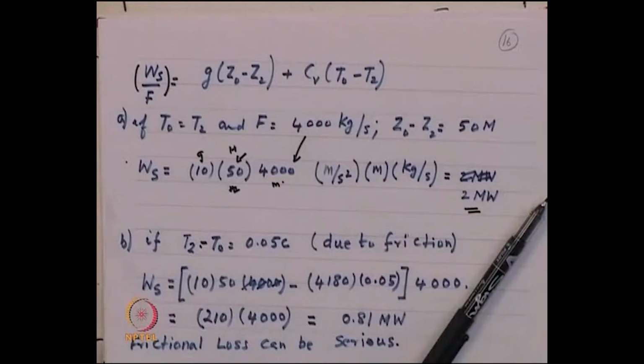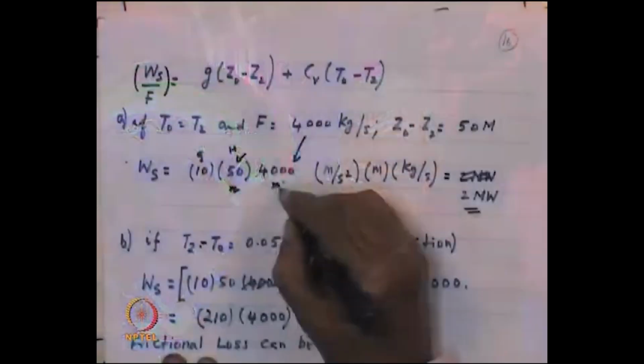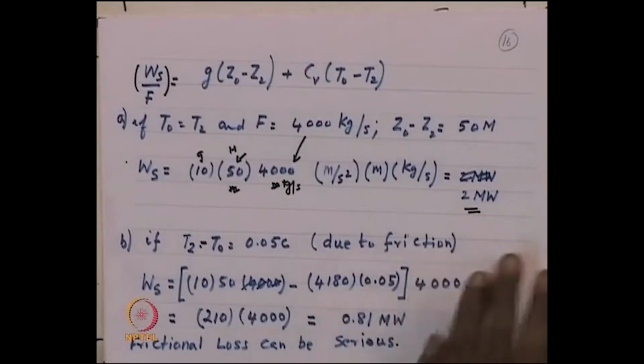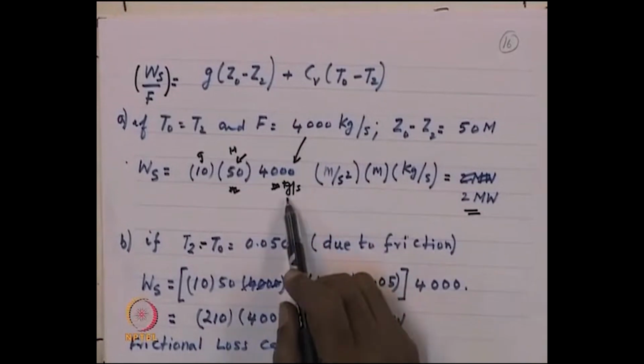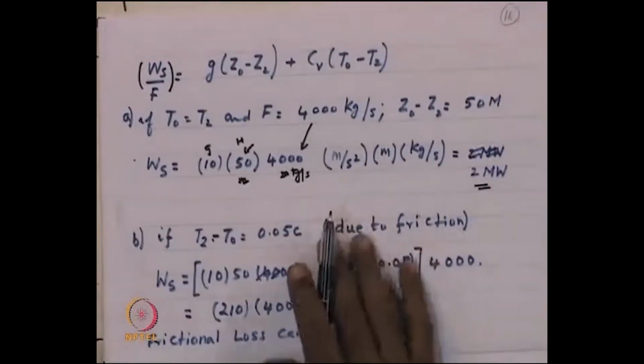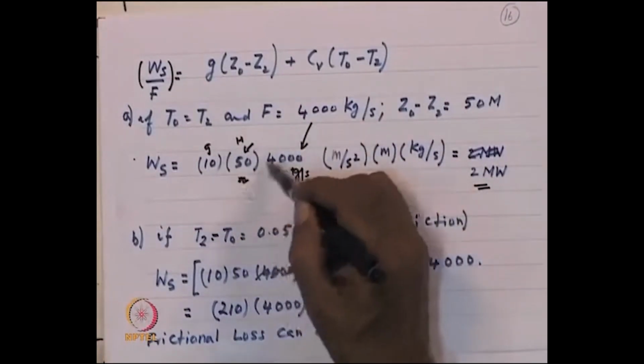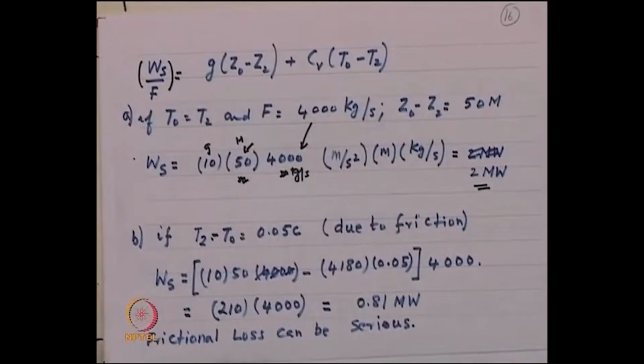So, if water is available at 50 meters height, and if 4000 kg per second of water is flowing, then you will be able to generate 2 megawatts of power. The gravitational acceleration is 10 meters per second squared, and the 50 refers to the height at which the water is available.